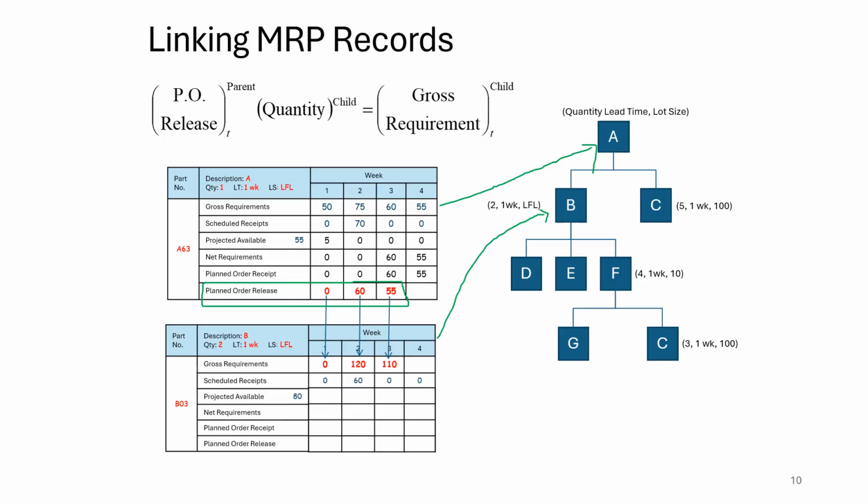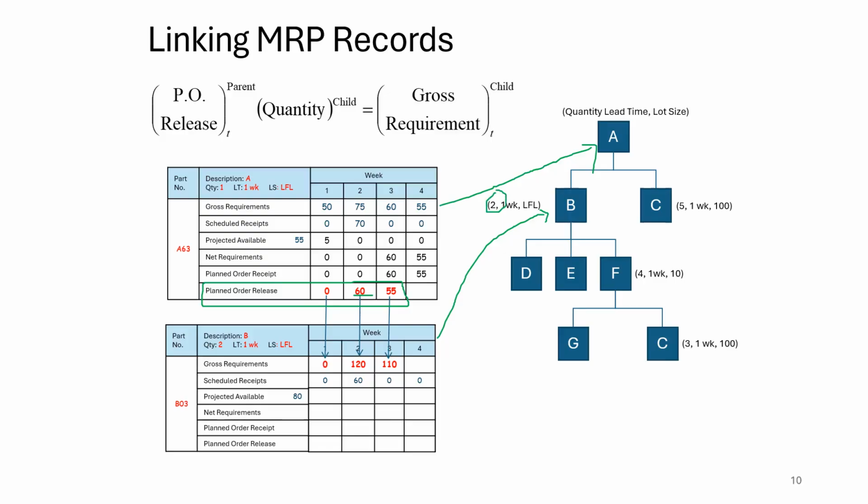So the gross requirements for product B in week 1 is 0 units. The planned order release for product A in week 2 is 60 units. And to manufacture 1 unit of product A, we require 2 units of product B, because you can see this 2 over here. So it's in a 1:2 ratio.